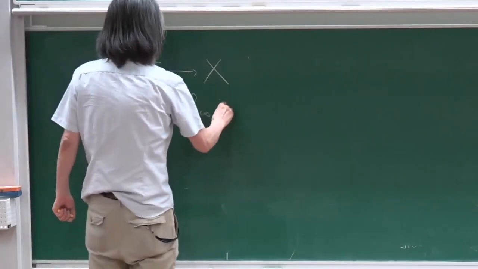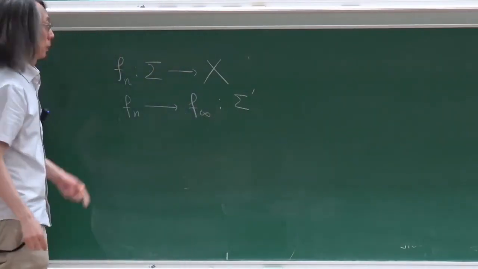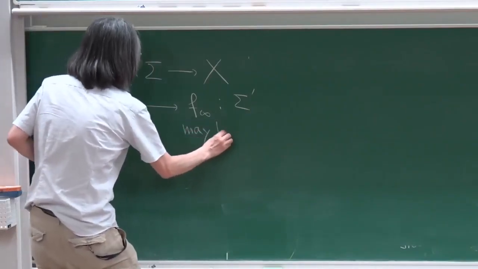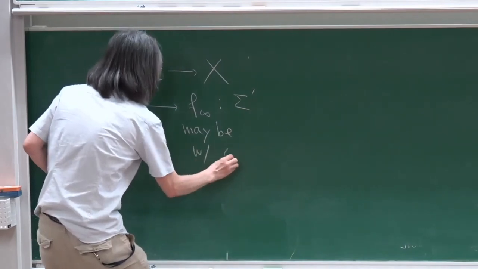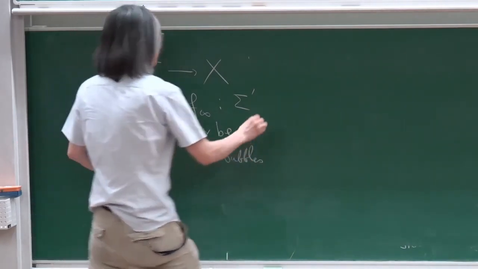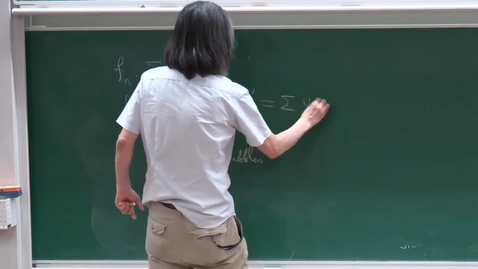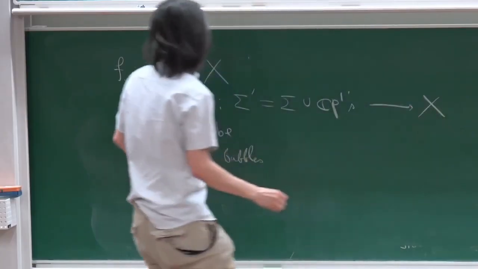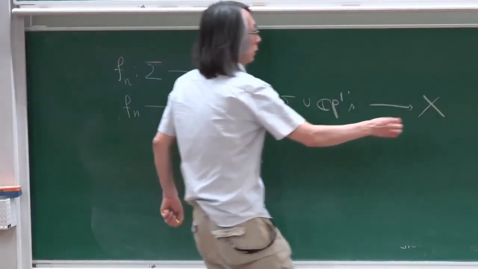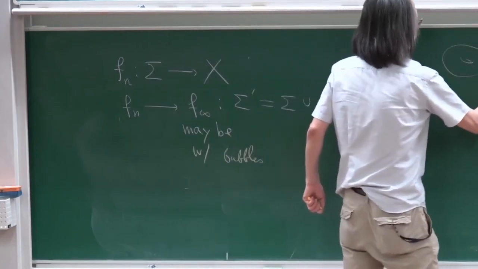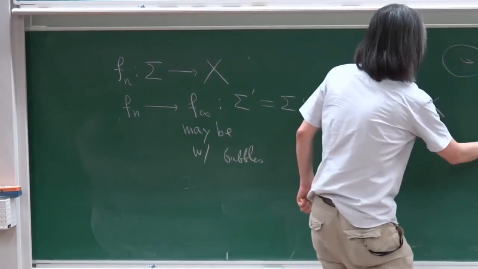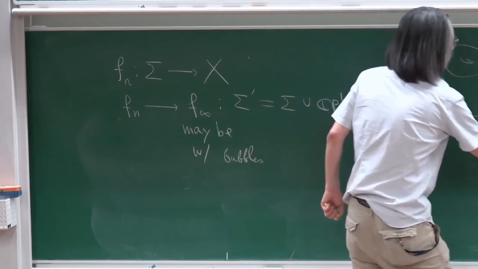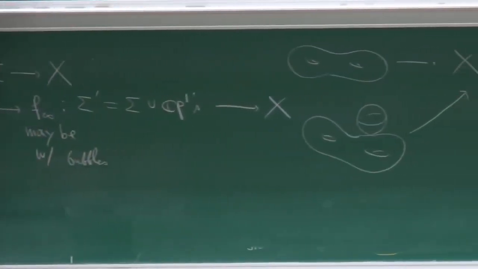But this one may not have the same domain, but may have, maybe, a bubble, right? Maybe sigma with a bunch of CP1 in X. So at the beginning, I only have a map from certain things to here, but in the end, I may have a map from here to here. You may have such a thing.